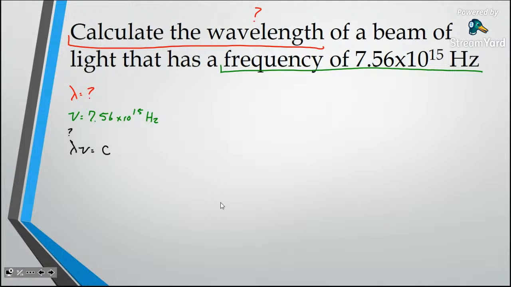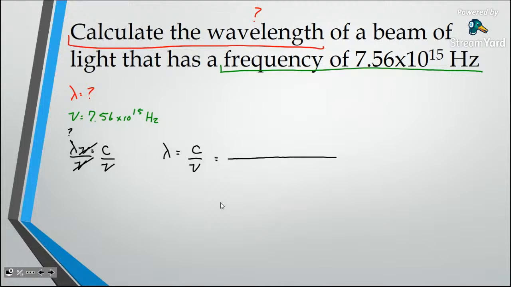I'm solving for wavelength, so in this case, I'll need to divide both sides by frequency, so it cancels out from the left-hand side. And I get that wavelength would equal Celeritas divided by nu. And what's nice about this is I don't have to do any converting to get correct units, okay? Because I'm already starting out in hertz, and it's going to allow me to cancel directly.